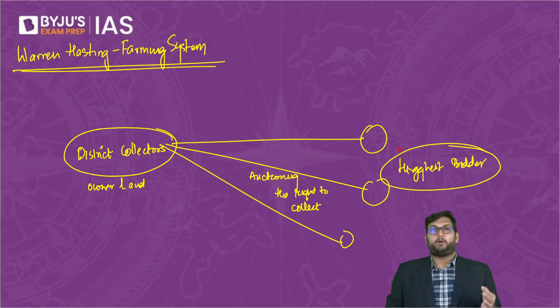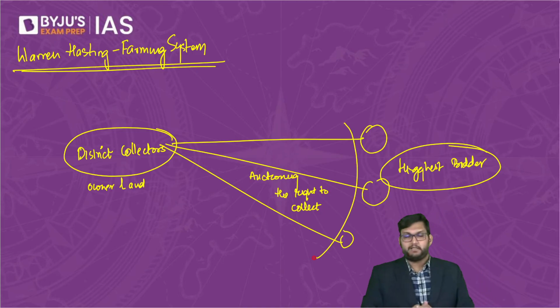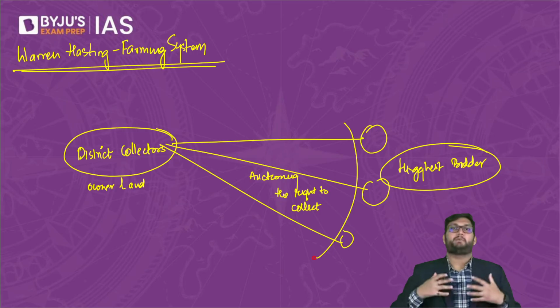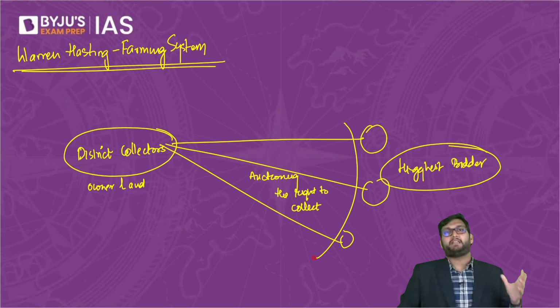However, the problem is that because you're auctioning it to the highest bidder, you overexploit, to a point where you cannot actually sustain the model. And Warren Hastings' model is again going to more or less destroy the economy of Bengal.